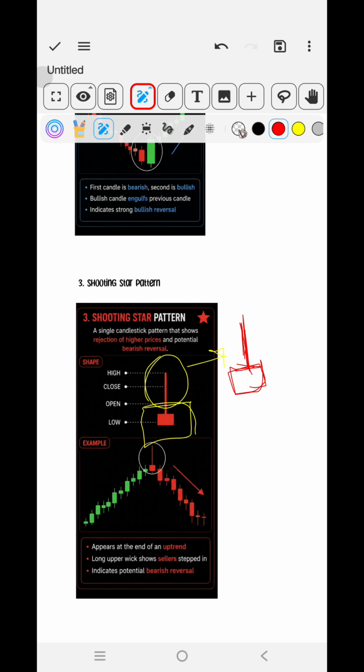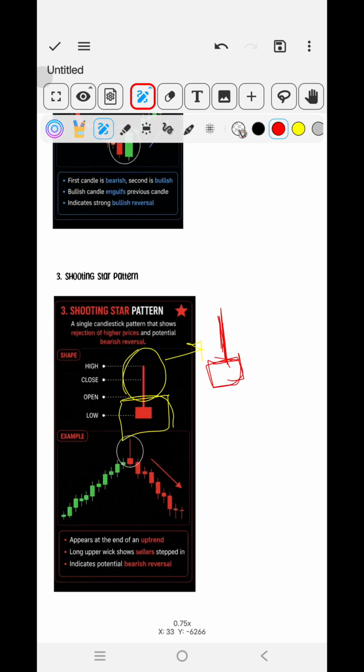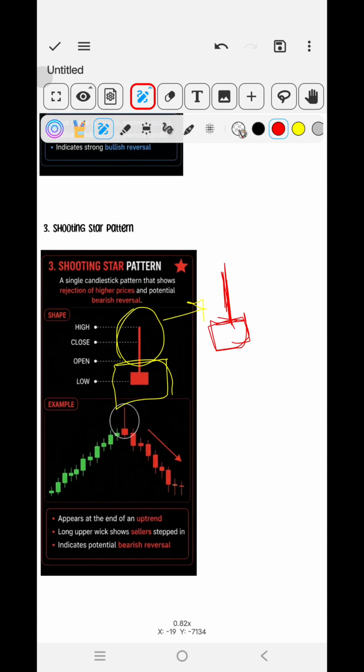It usually appears after an uptrend. This shows buyers tried to push the market, but sellers entered aggressively. The shooting star can signal a potential bearish reversal. It has the power to control the buyers and take the sellers ahead.